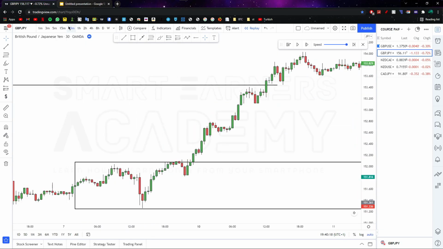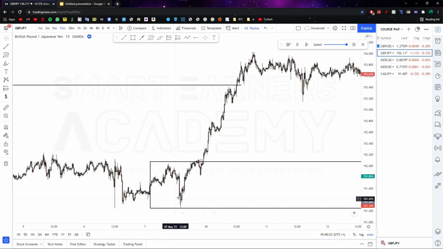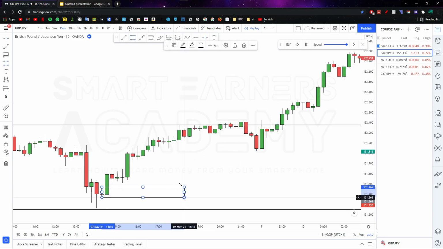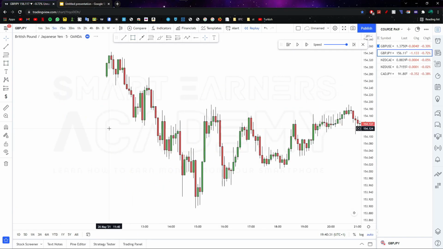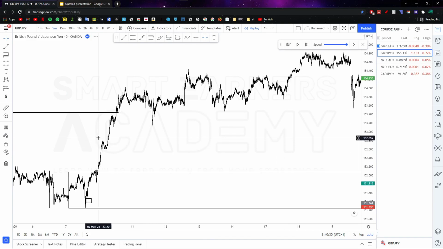Again, something within this area. Right, so now we have spotted the zone. It's right here. And so now we can go down to the 5-minute and refine that zone again.